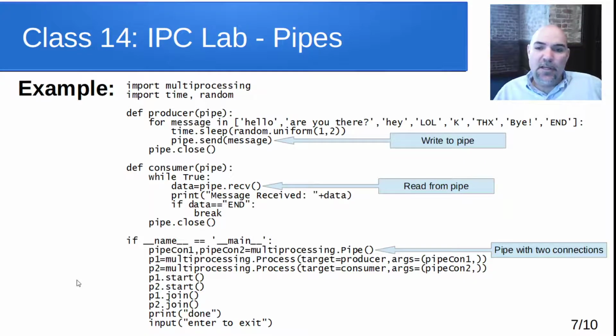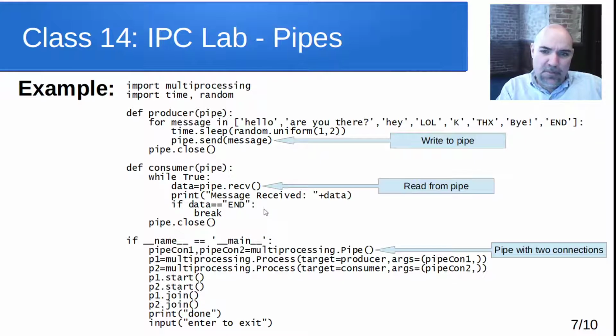All right, so here's a quick example that we saw of pipes being used. And this is a pipe that has a special message that gets sent to tell the process to quit. In other words, each of these, you'll notice the consumer, it has an infinite loop, while True. How does it get out of the loop?